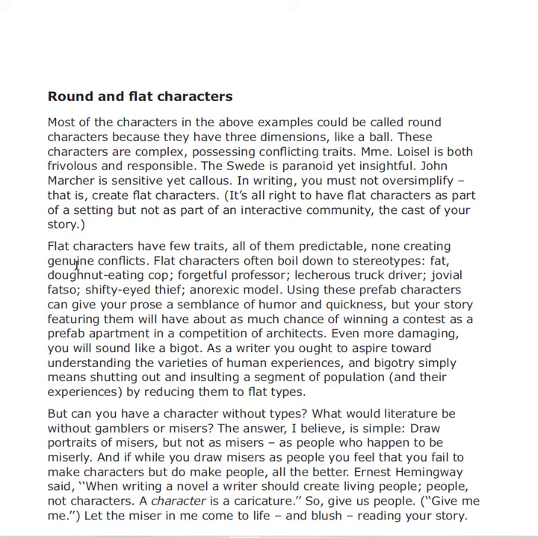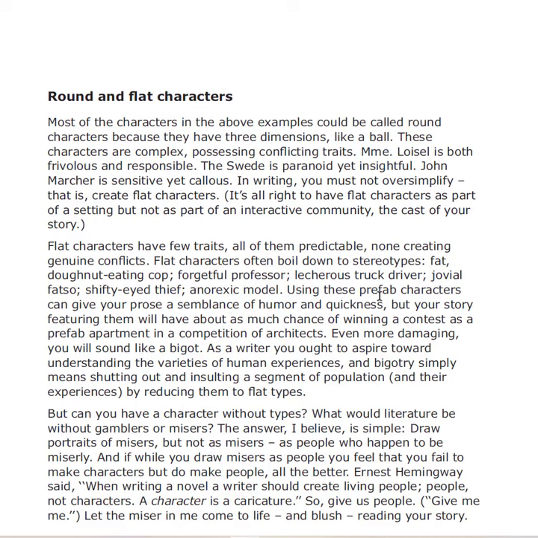Flat characters are the opposite. A flat character is a character that doesn't change. It's all one-dimensional. And so flat characters are predictable. They are characters that create no genuine conflicts. Flat characters often boil down to stereotypes: fat, donut-eating cop, forgetful professor, lecherous truck driver, jovial fatso, shifty-eyed thief, anorexic model.